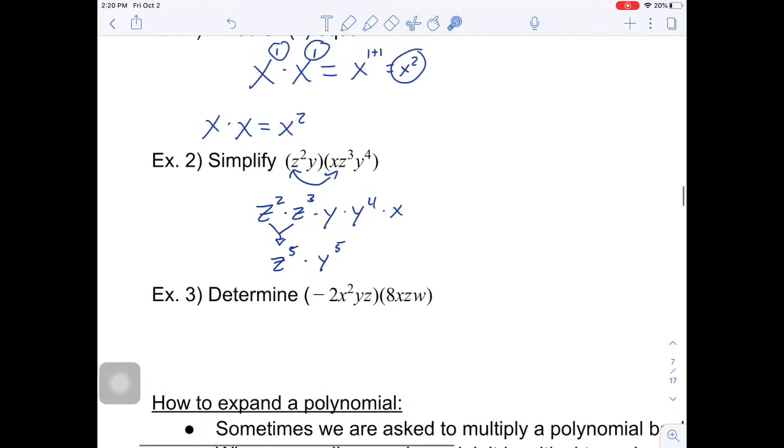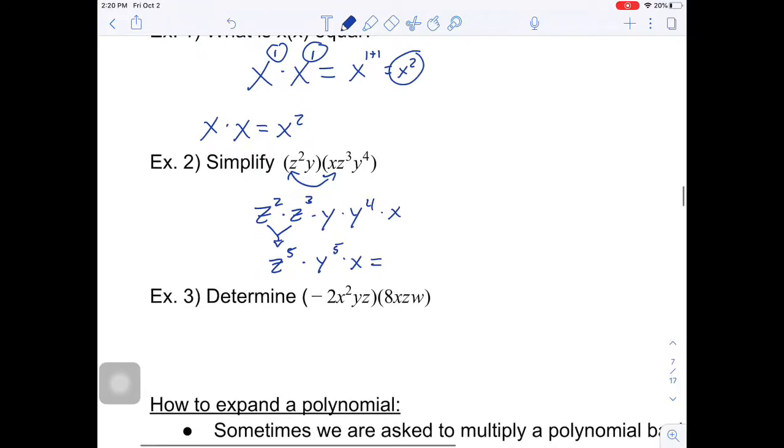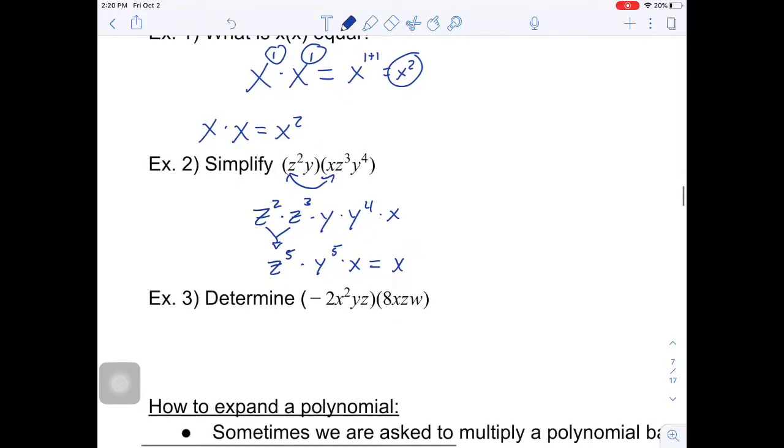And then my x is a loner again. He's not going to do too much. He's just going to stay the same. So this simplified is z to the power of 5 times y to the power of 5 times x. So we can represent this simplified as this expression here.